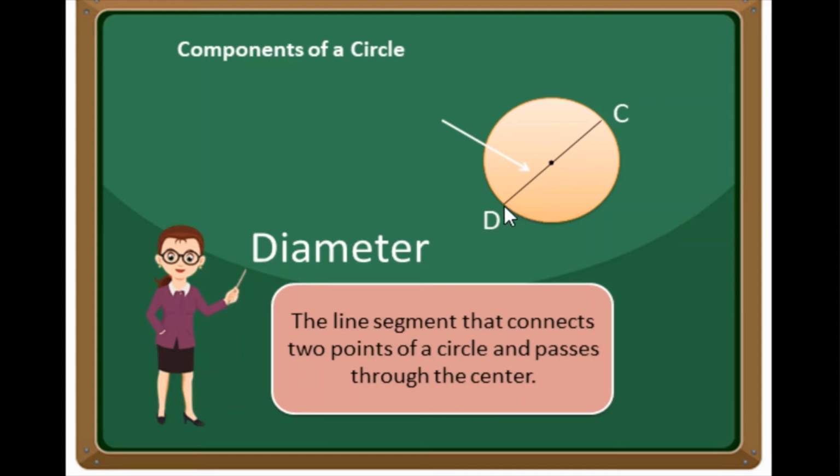So when you make a line, if it passes through the center and it connects the 2 points here or here, then it's called diameter. Alright, it's the third component already. Now, let's move to the fourth component.